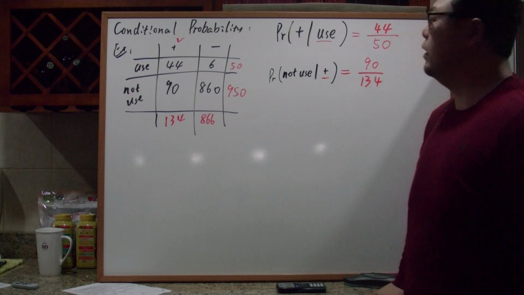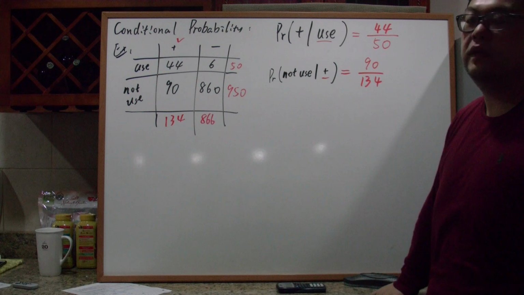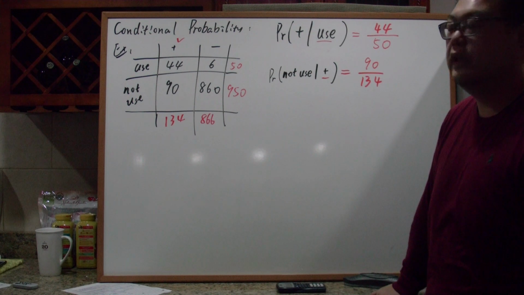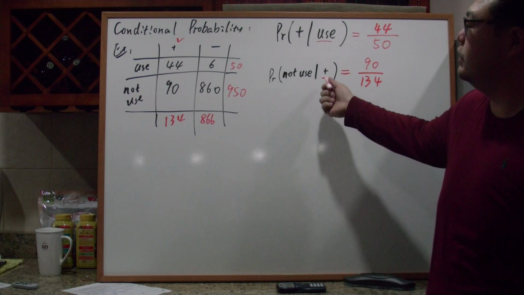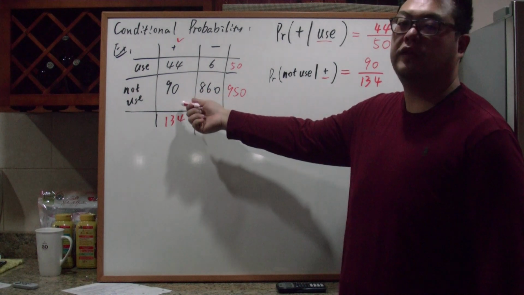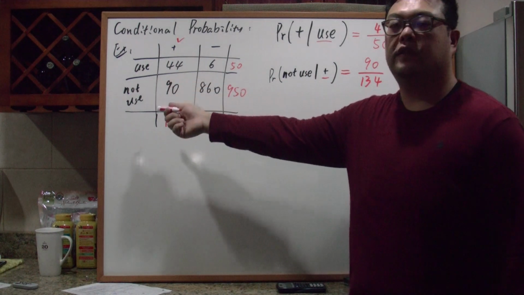Which is, well, pretty large, right? That, in other words, is called a false positive. That is a positive result coming out, but that is not a true positive. It is a false positive.